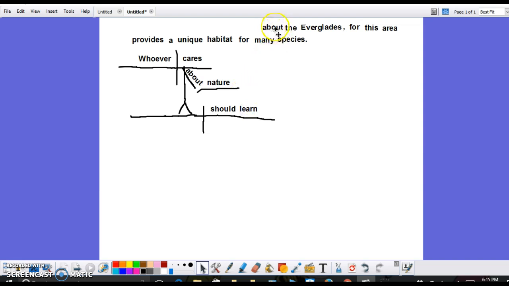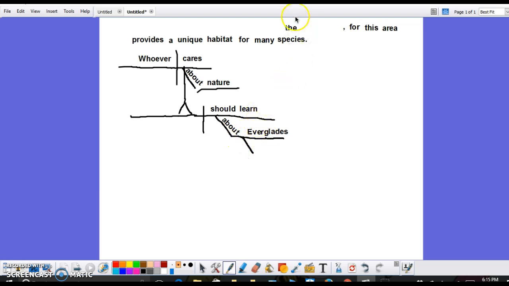And then remember what we said here? It's going to look the same way. So we'll have our little diagonal line here and our little straight line here. And we're going to put about on our preposition line, and we have Everglades as the object. Now any word that describes our noun here, which is the word the, gets its own line.